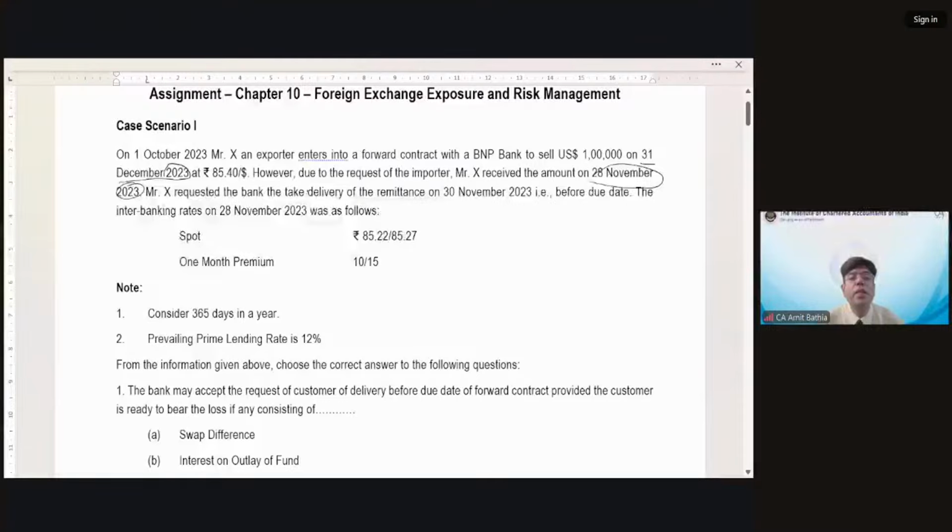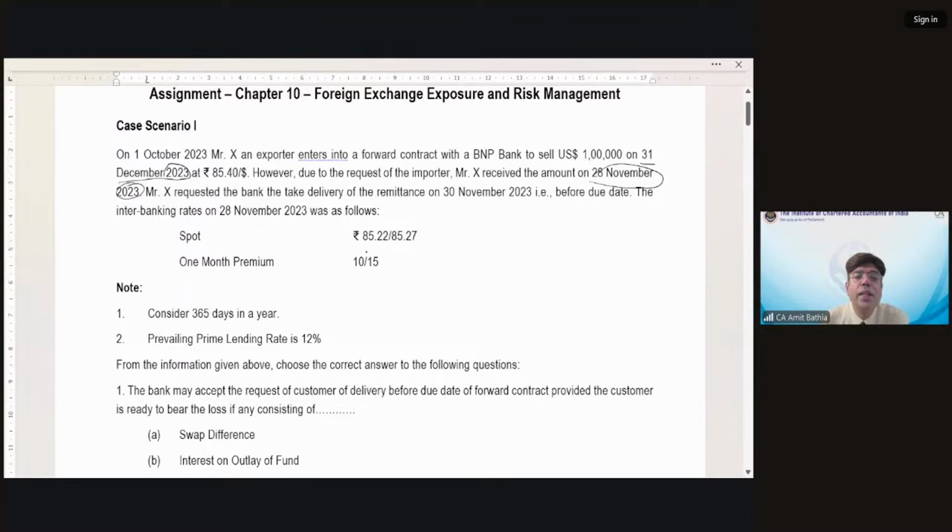Mr. X requested the bank to take delivery of the remittance on 30th November 2023, that is before due date. The interbanking rates on 28th November 2023 were as follows. Spot rate was 85.22/85.27 on 28th November, right? 1 month premium is 10/15.